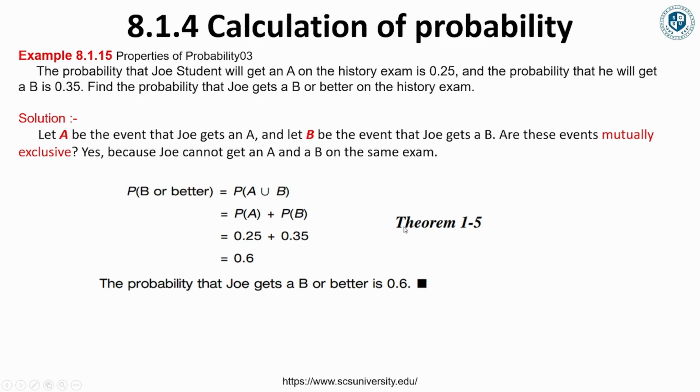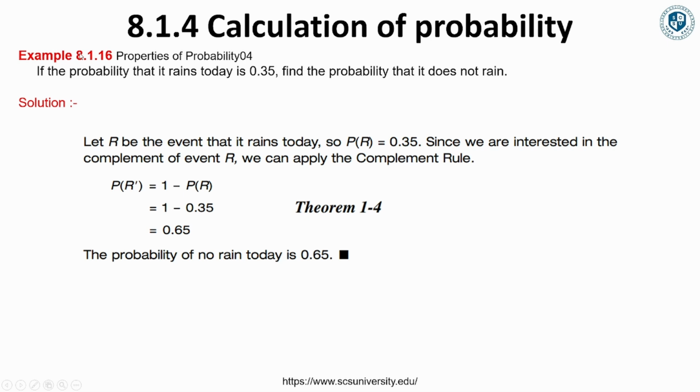By using theorem 1.5. Example 8.1.16, properties of probability 04. If the probability that it rains today is 0.35, find the probability that it does not rain. Solution: let R be the event that it rains today. The probability of R is 0.35.